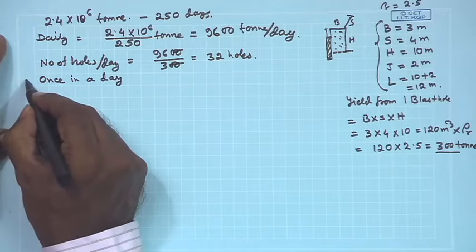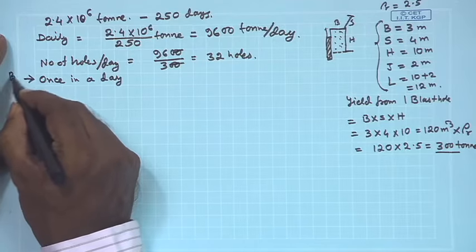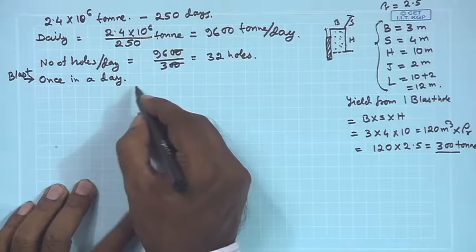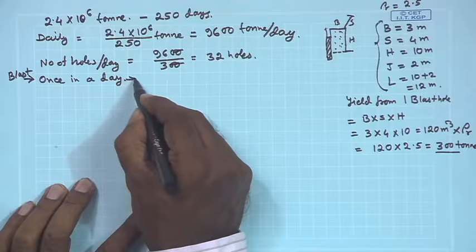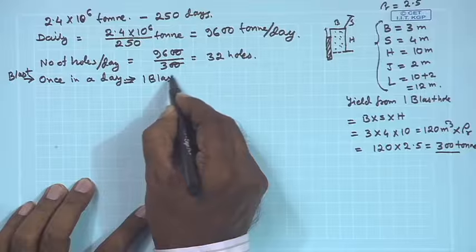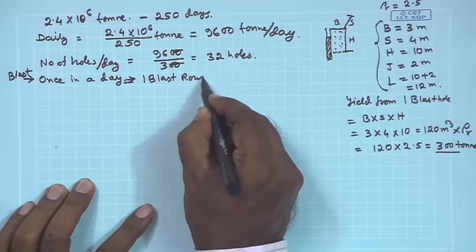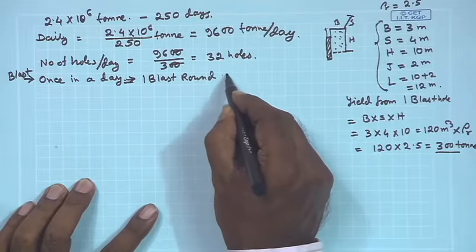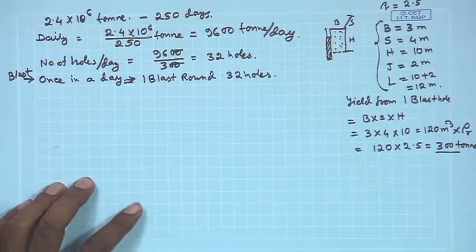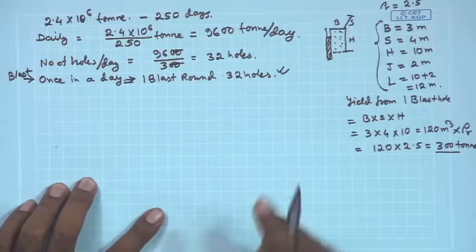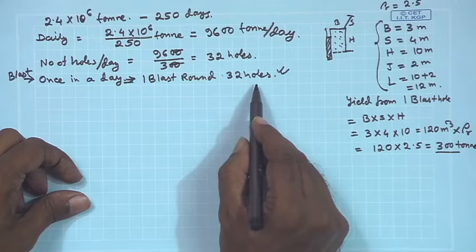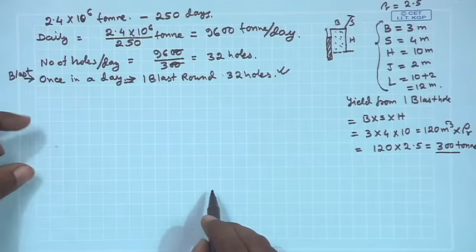So, the blasting frequency is once in a day, that means in one blast round we have to blast 32 holes.